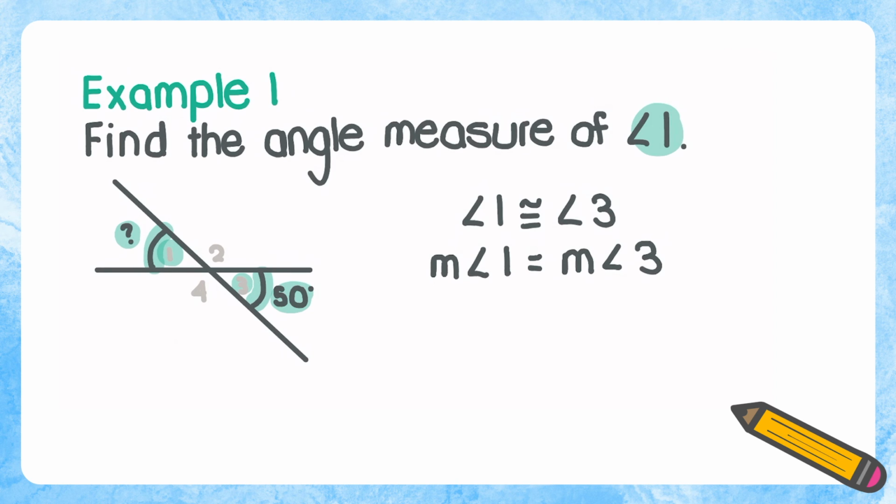We're not sure what the measure of angle 1 is. That's actually what we're looking for. But we do know the measure of angle 3. It's 50 degrees. So the measure of angle 1 is also 50 degrees. Again, because vertical angles are congruent to each other, so they have the same angle measure. So we found the angle measure of angle 1, it's 50 degrees.